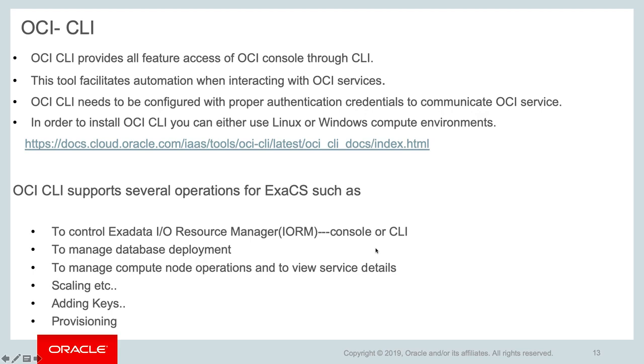The OCI command line interface provides access to all the features of the OCI console through the CLI. This tool facilitates automation when interacting with OCI services, and the OCI CLI needs to be configured with proper authentication credentials to communicate with OCI services.